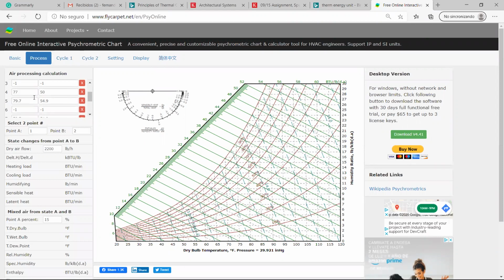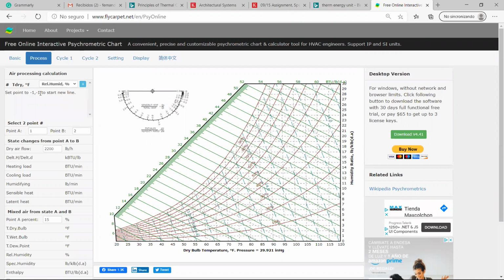In process, I can delete all these things I have here. Okay, so I need to start from scratch. So I select point one. Point one is the outdoor condition. It's 32 Fahrenheit and relative humidity 70%. Second point is indoor conditions, 72 Fahrenheit, 50%.